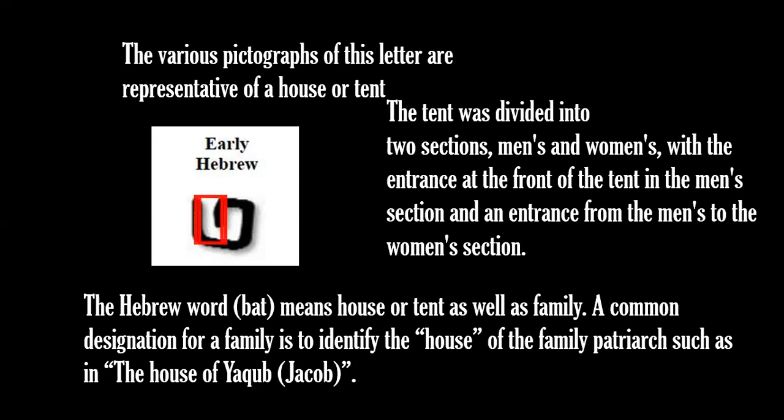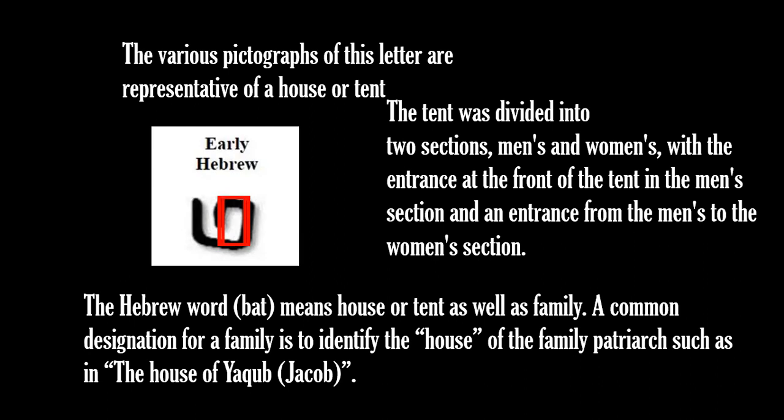There was the men's section, which has been highlighted in red on the screen, and there was also the women's section. The entrance to the tent was on the side of the men's section. The entrance to the women's section was from the men's section. And so here we have the women's section. So it was two sections, the men's section and the women's section.